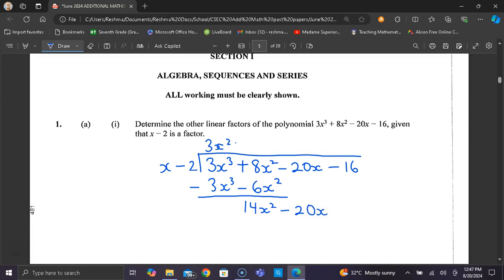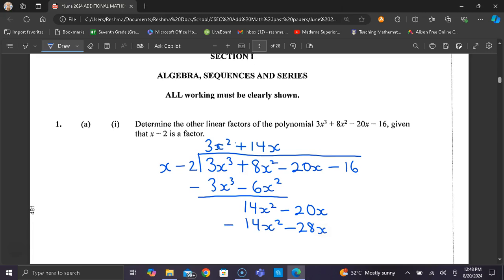Okay, so let's go again. x into 14x squared will be 14x. Then we multiply again: 14x by x is 14x squared, and 14x by minus 2 is minus 28x.